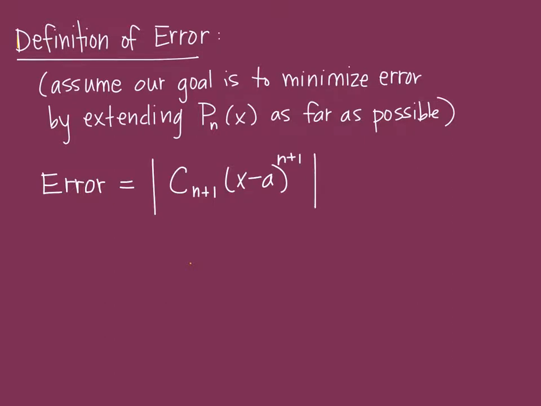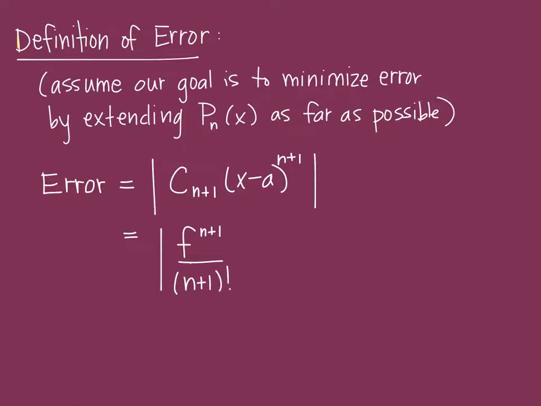Now, do you remember how to find that coefficient? When we did Taylor, it is the (n plus 1)th derivative of f divided by the factorial of n plus 1.